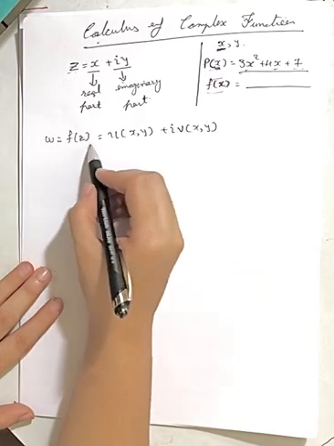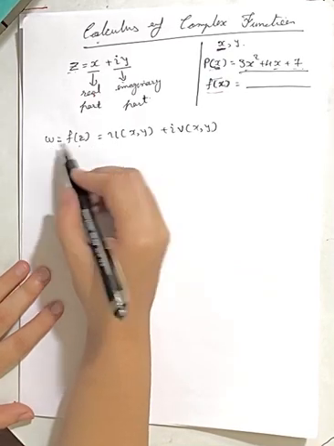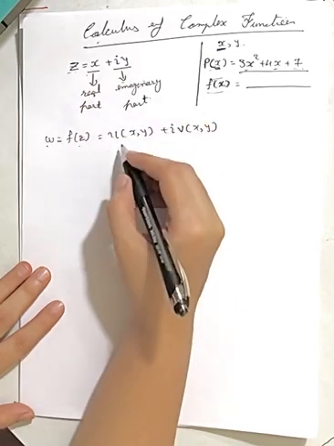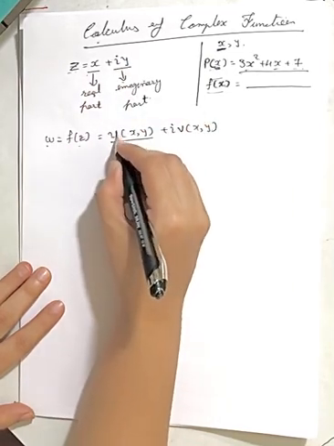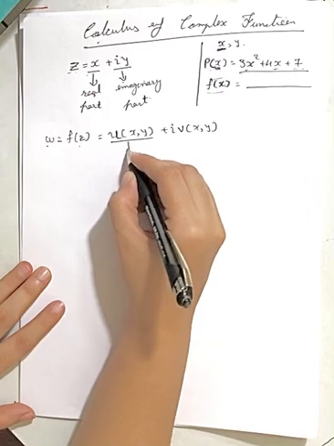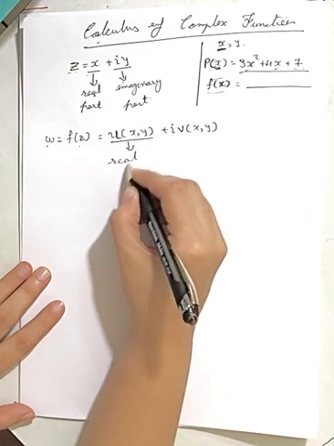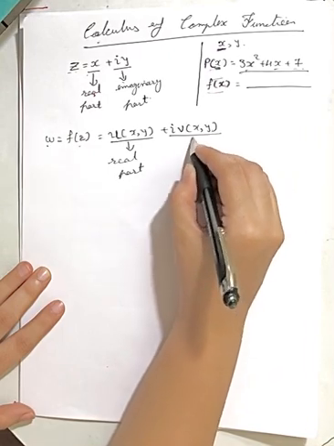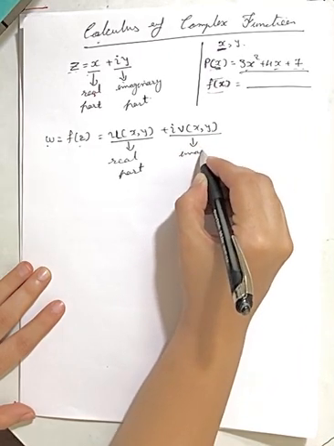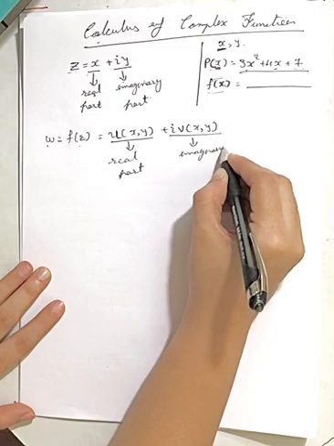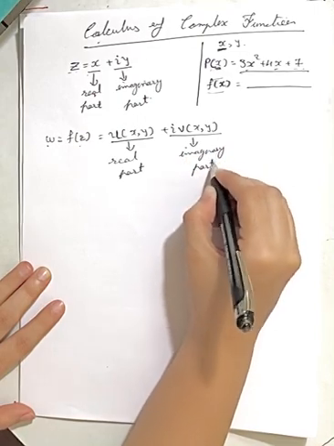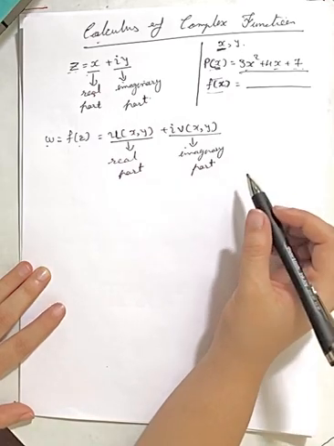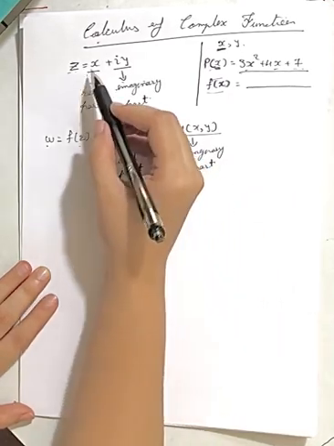Here the structure of this f of z, or w, is very much the same as the variable itself. For example, this u is the real part of the function, and this iv altogether is called the imaginary part of the function.